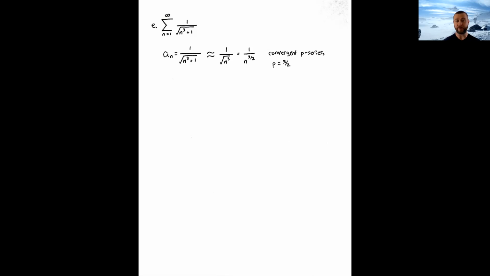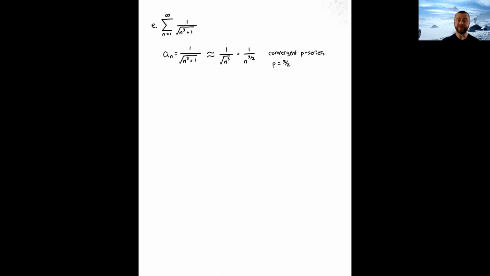And the benefit of noticing this large n estimation term, we now have the form for a p-series term, 1 over n to a power, and this would fall into the convergent case of the p-series, where the power p, 3/2, is bigger than 1.